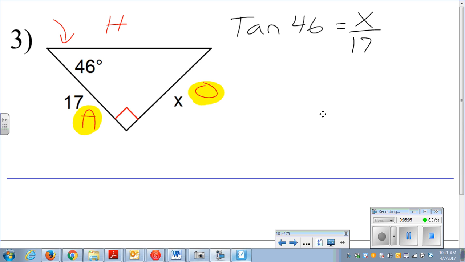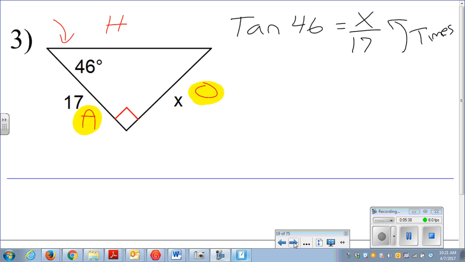Step 3, decide to divide or multiply. With my x divided by the number, I'm going to multiply on this one. And step 4, enter it into the calculator. Whatever number is in my fraction, whether in the numerator or the denominator, you take that number and type it in your calculator first, depending on what kind of calculator you have.